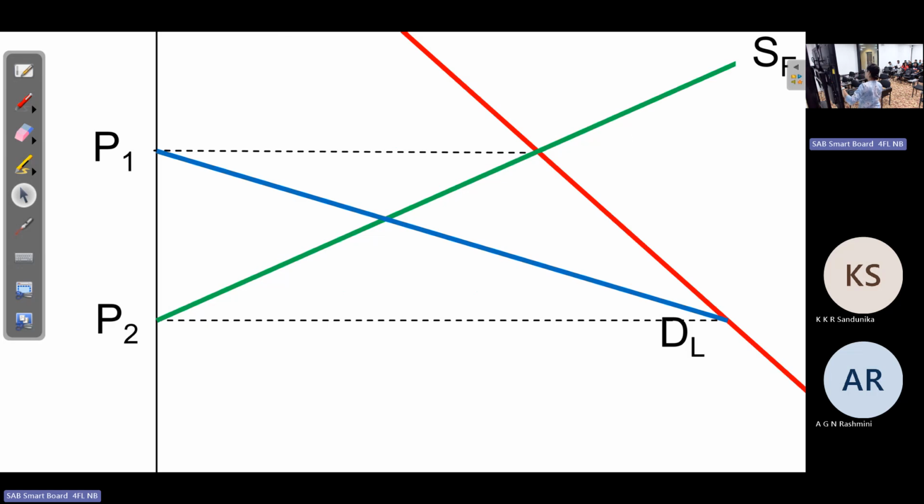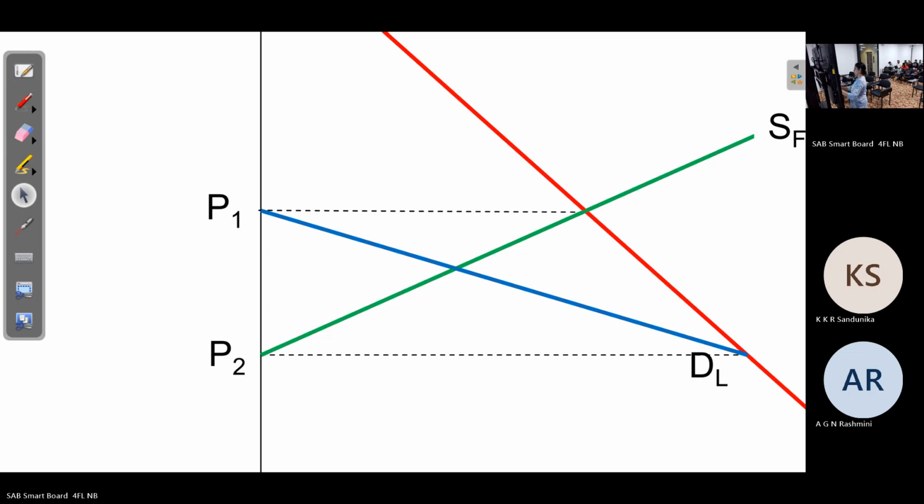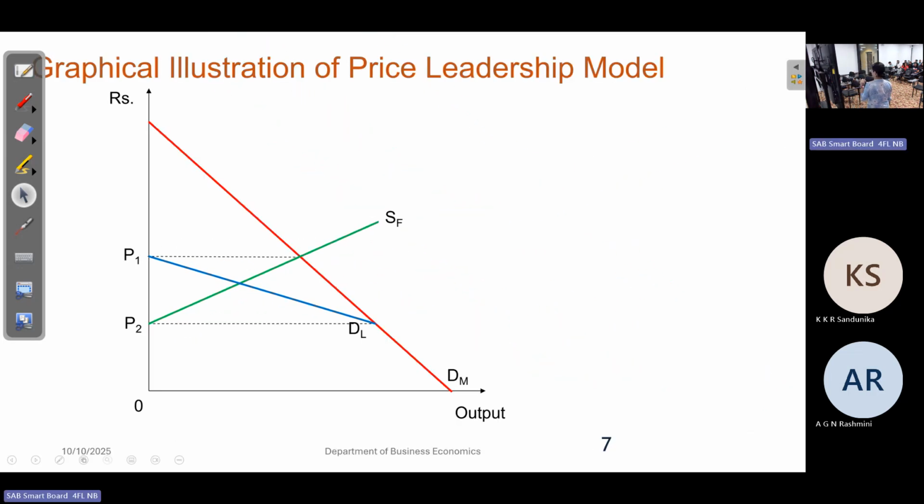That means the entire market demand has to be supplied by the leader at P2. So that's why the demand of the leader goes from P1 to P2. That is the limit within which the demand runs. Understood? Okay. Drawing it this way and then drawing the MR, you have to decide all the other steps. Now draw this.